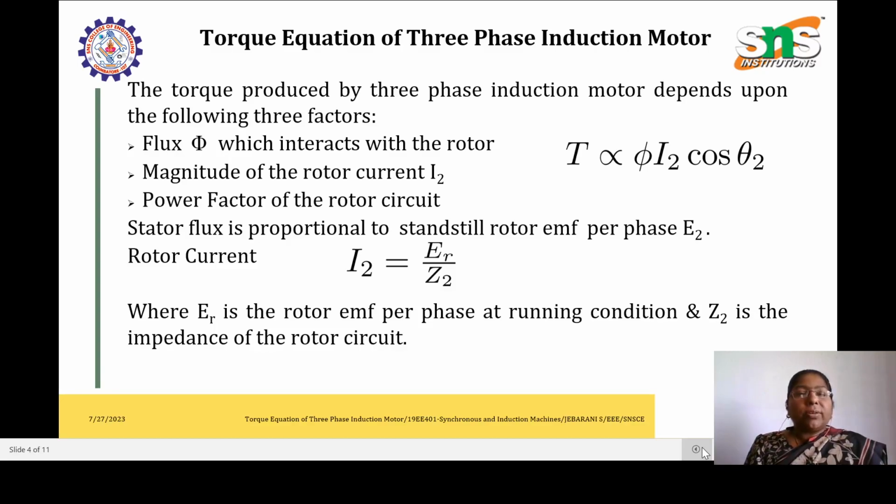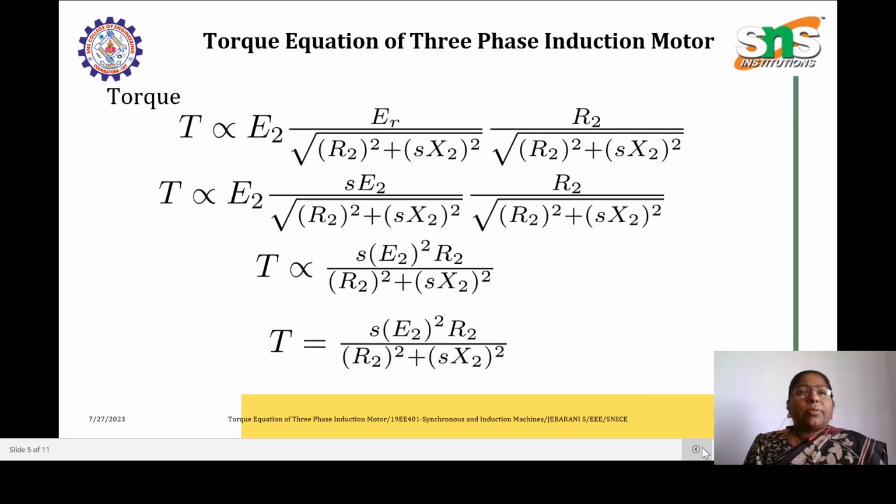By applying Ohm's law to the rotor circuit, I2 can be calculated as rotor voltage at running condition divided by rotor impedance at running condition. Rotor voltage at running condition, E_R, is equal to slip into rotor voltage at standstill condition. So I2 is equal to S into E2 divided by rotor impedance.